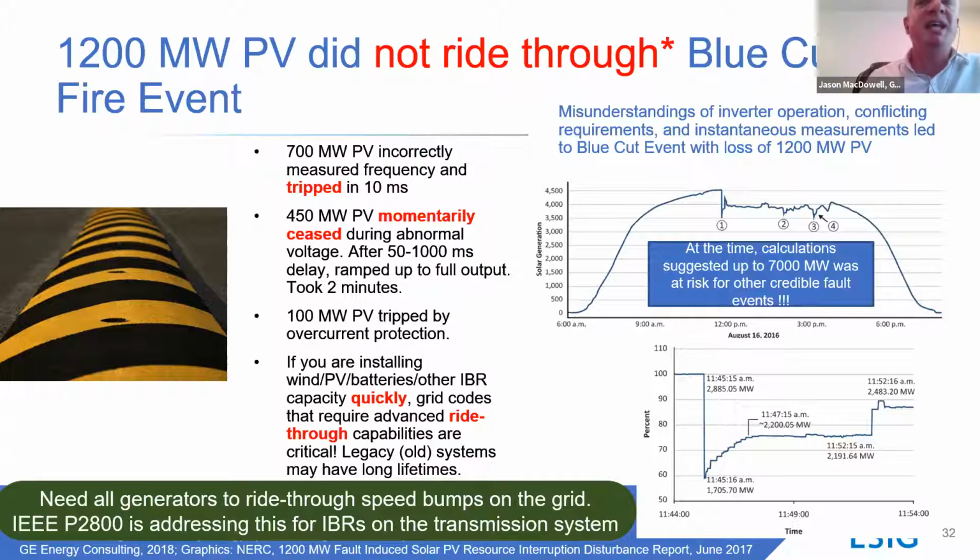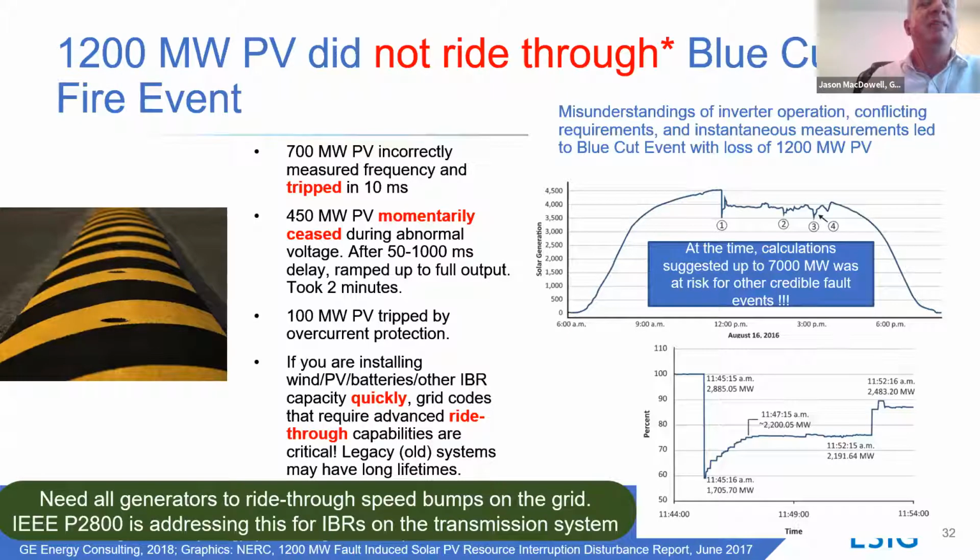So here was a case where we learned that some of the early inverters that have been online for quite some time, these are vintage controls that were integrated early on, that were trying to do the right thing relative to early versions of some IEEE standards, actually tripped, or I should say, momentarily ceased their injection of current into the grid, and that made it challenging to balance the rest of the system. Since then, this has been fixed.